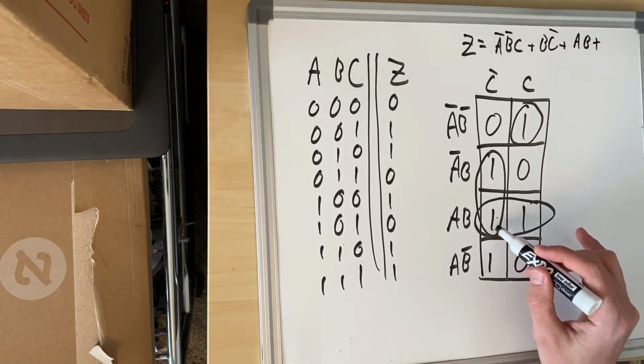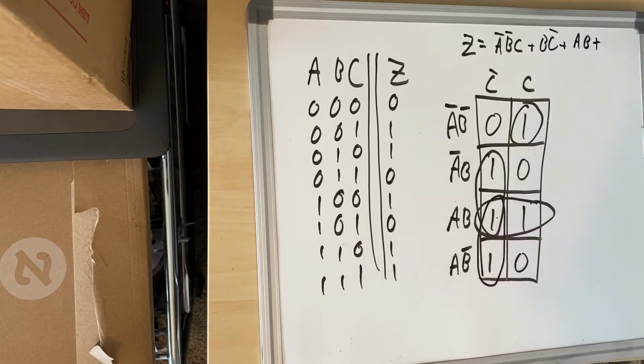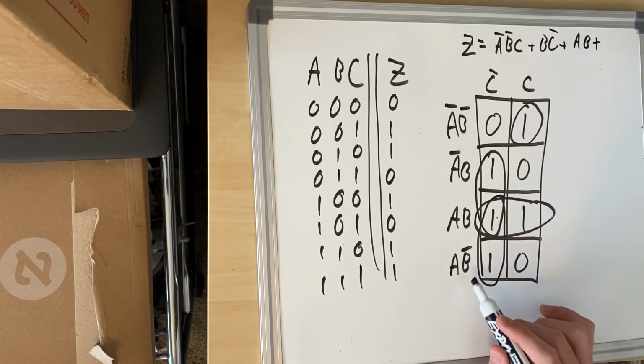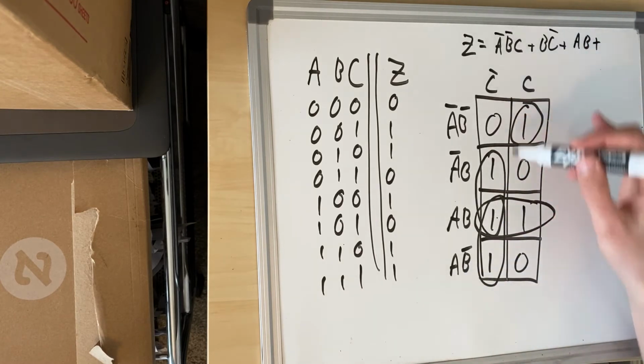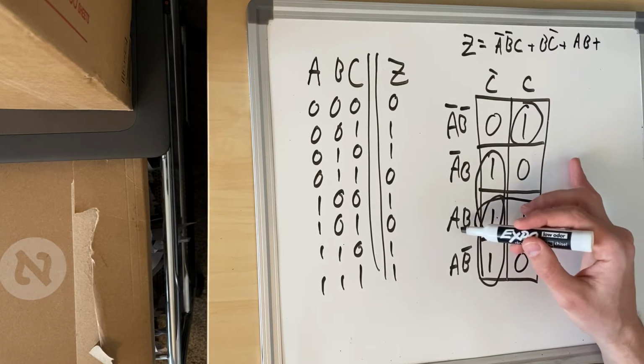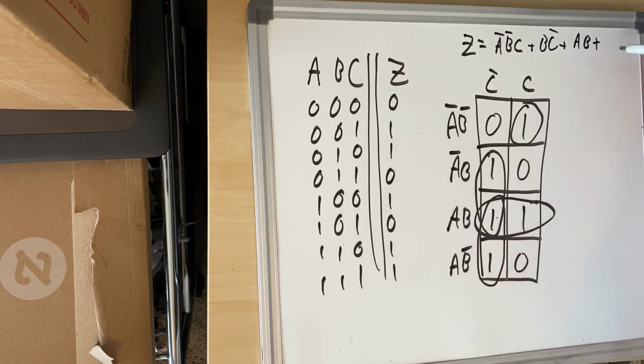And even though he's been circled, we still want to circle him again, because we still want to group as many as we can together. And what he would be, not C for sure, because it's in this row. And then what's not changing here? A stays the same. B, doesn't matter what B is, it has to be A, not C. And that would be our K-mapping for this guy.